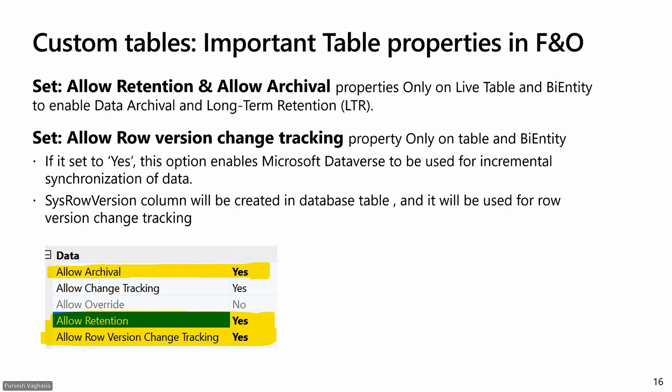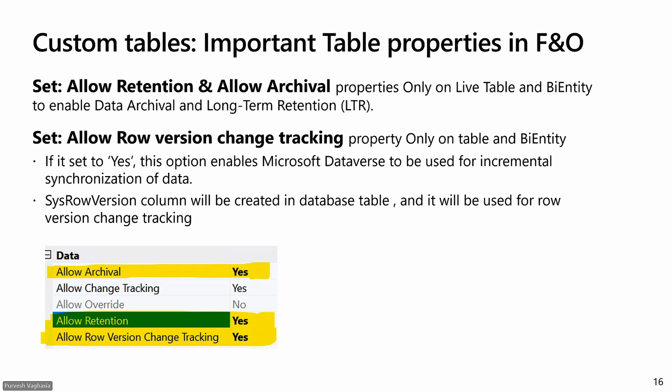You can change it to no if you don't want it, but it defaults to yes. And that column gives us the ability to synchronize the data, the incremental changes, from your FNO tables to Dataverse. And that is used for both purposes. It's used for archiving. It's also used for the synapse link.